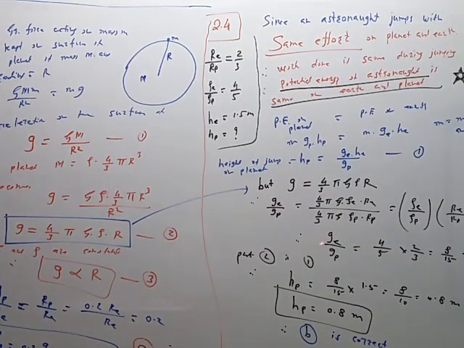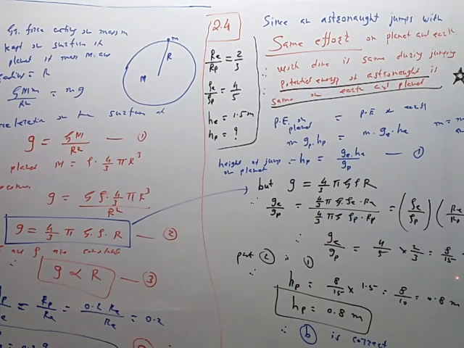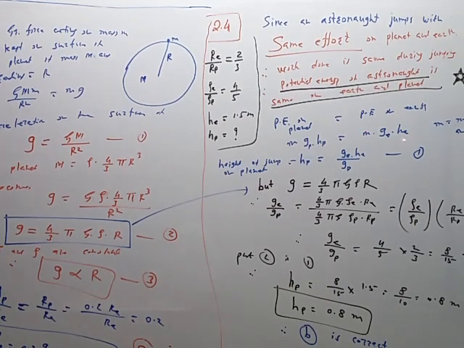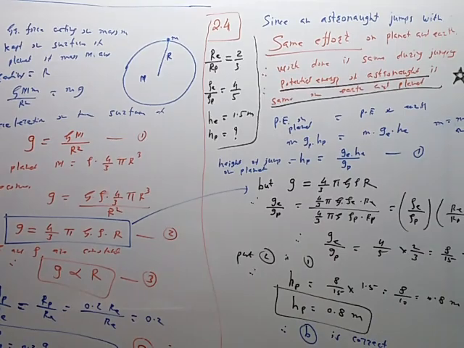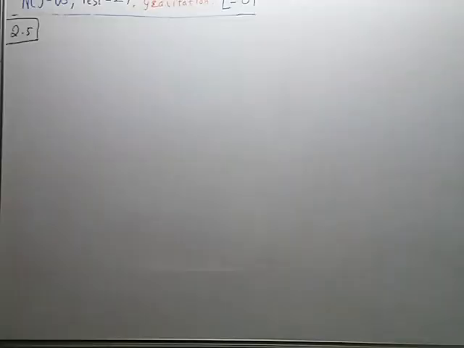Therefore, the ratio of the gravitational acceleration is 8/15, and by using this, we get height of jump on the planet equal to 0.8 meter. So actually gravitational acceleration of the planet is more, and therefore height will be lesser. So actually this relation can be used as g1 h1 is equal to g2 h2. So if the gravitational acceleration increases, then definitely height will decrease like this.